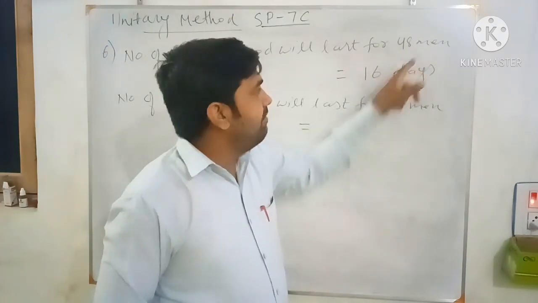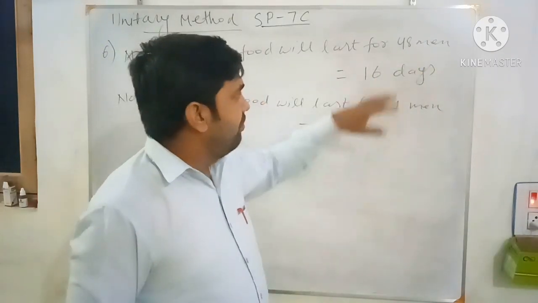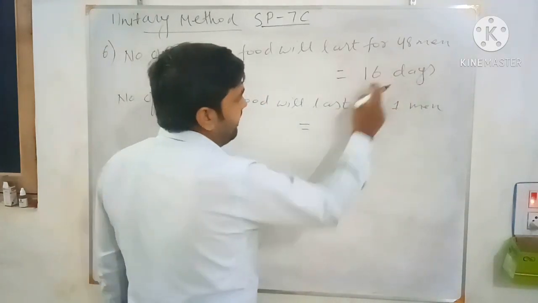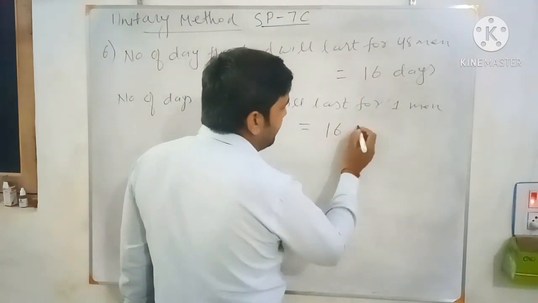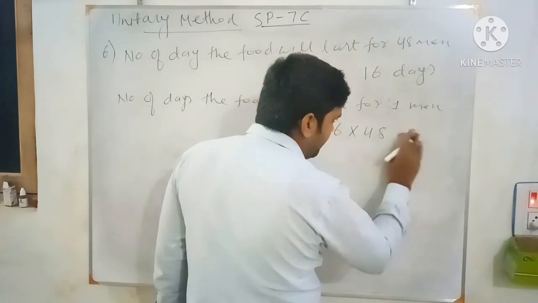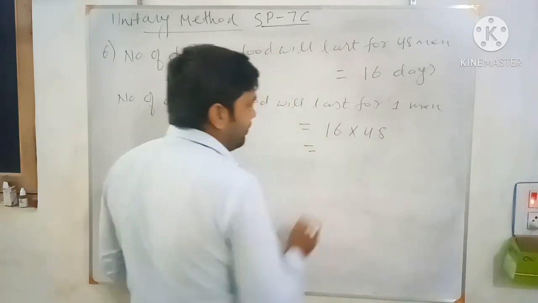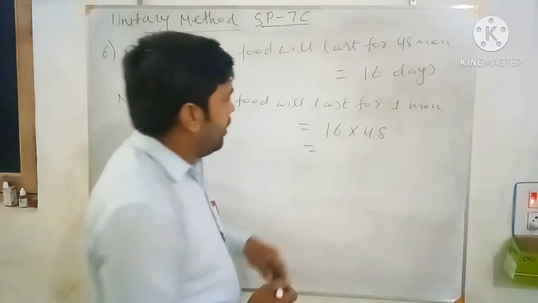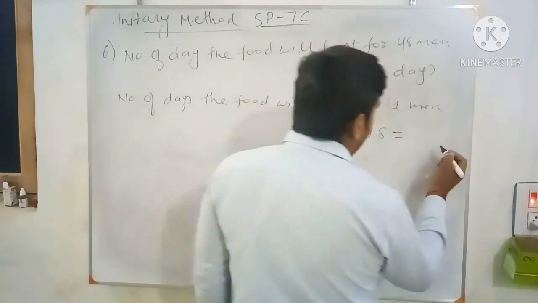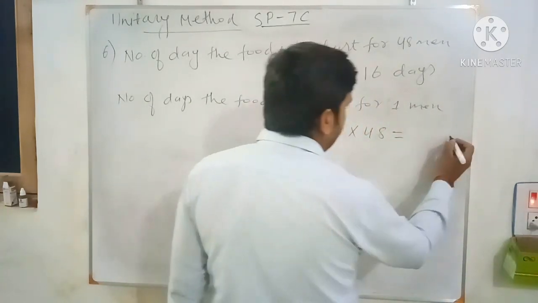But one man can survive more number of days. So for more number of days we have to multiply. So 48 men survive 16 days, so one man will survive 16 into 48 days. So how many days will that be? We multiply it and we will get the value. 16 8s are 128.